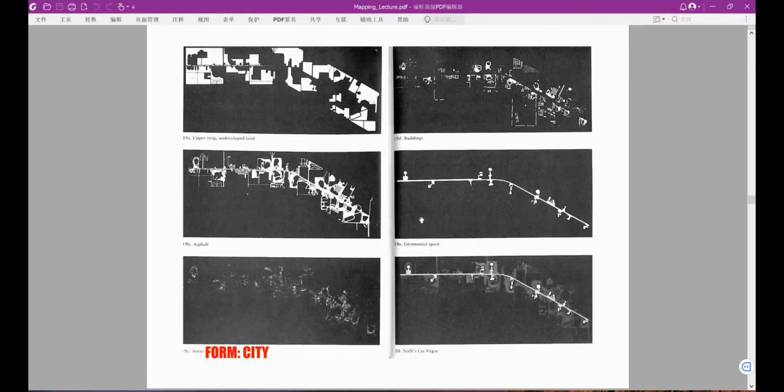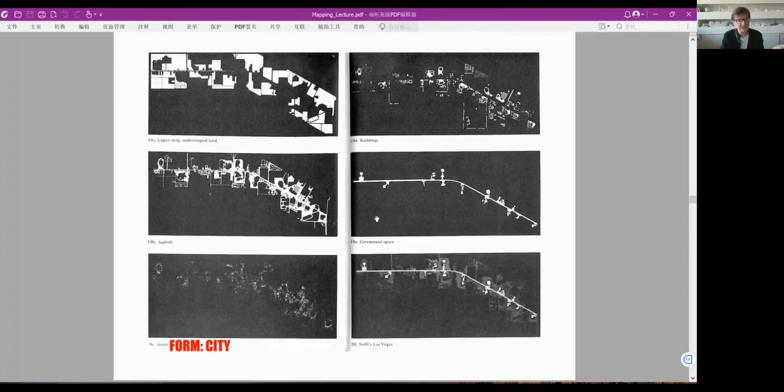You can see parts of the Strip of Las Vegas, the undeveloped land. You see the buildings on the upper right, the asphalt, the ceremonial space. You see the autos, so the resting, the standing still part of the flow, the parking, and you see the Nolli plan of Las Vegas. Next one.